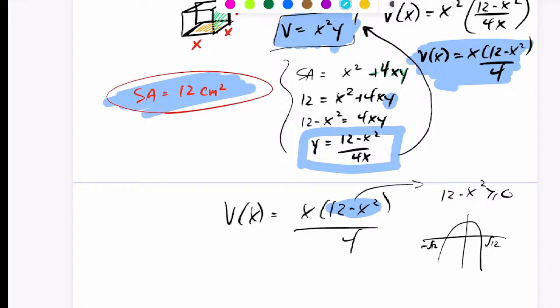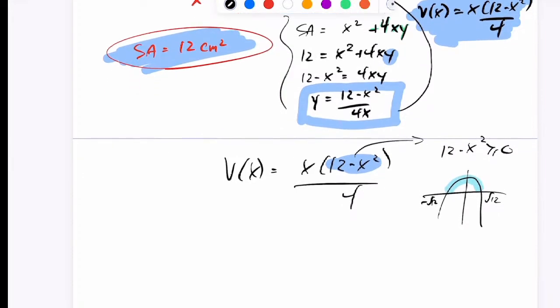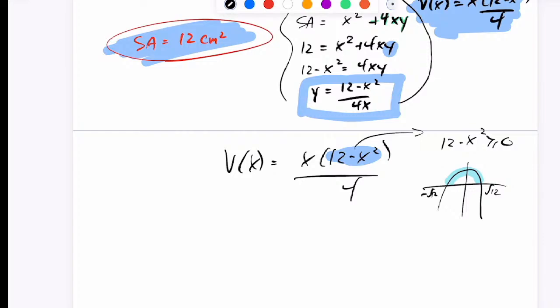X obviously has to be positive as well. So my endpoints are x greater than 0, because it can't be 0 anyways, and less than the root of 12. Those are your endpoints for this one.